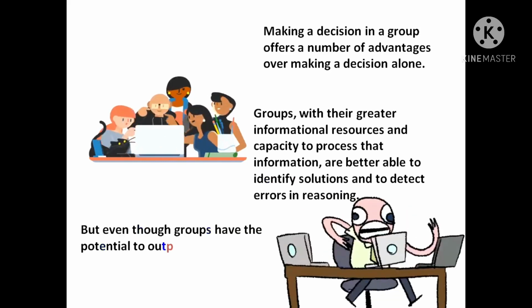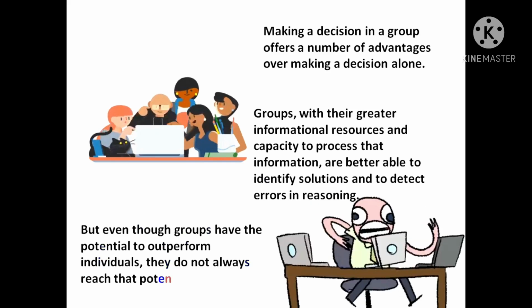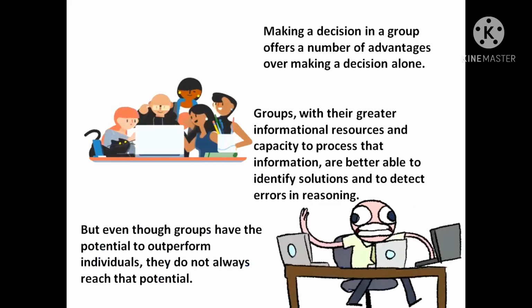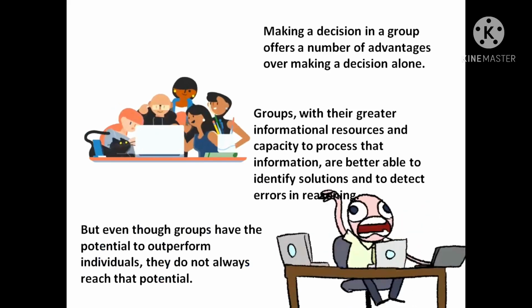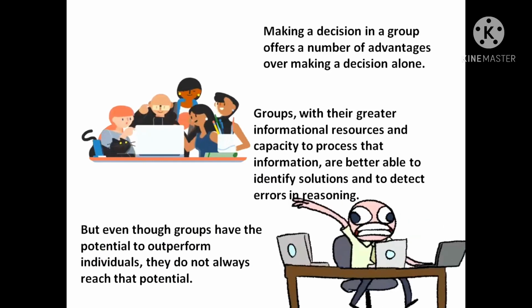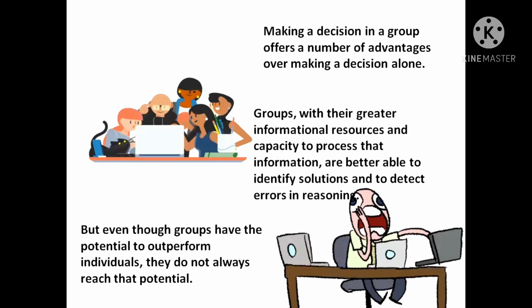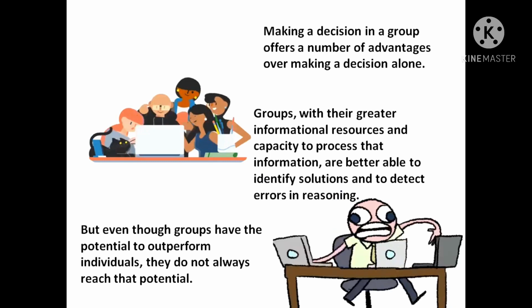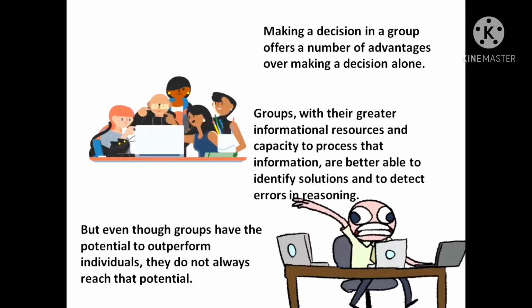But even though groups have the potential to outperform individuals, they do not always reach that potential. Groups do not always correct for the biases that plague individual decision makers. In fact, in some cases, they amplify them.